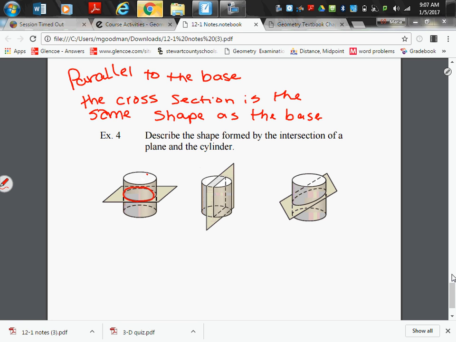Now, this is where it gets a little more difficult. If you cut it perpendicular, you take where your plane has cut, and you do a dot to dot, right where it cuts it.